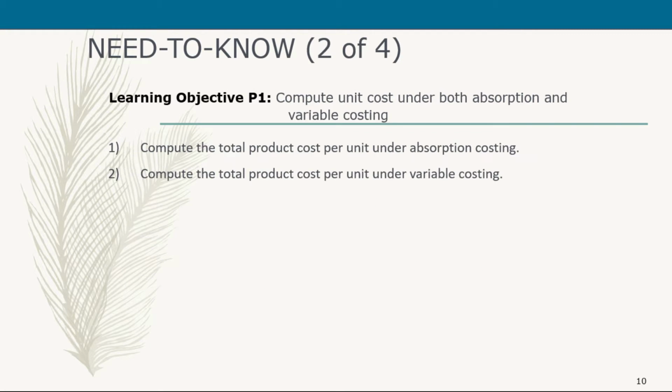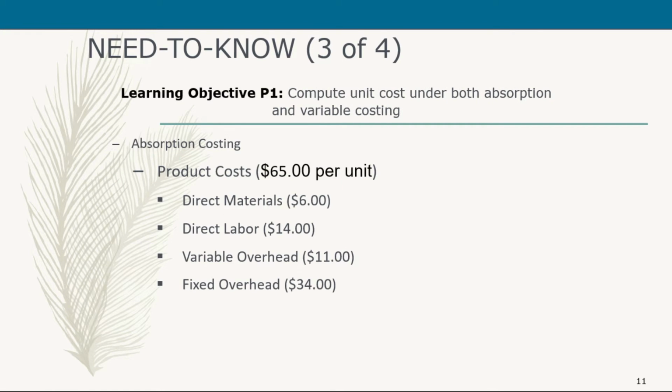So what are the requirements? Number one, we need to compute the total product cost per unit under absorption costing, and number two, compute the total product cost per unit under variable costing. The first requirement is to compute for the product cost.